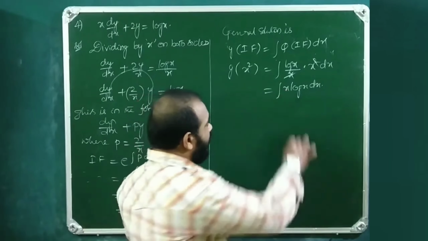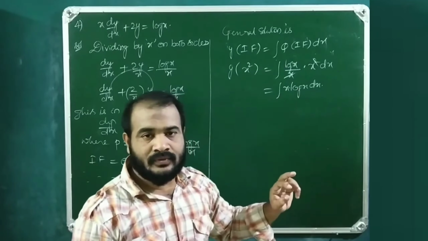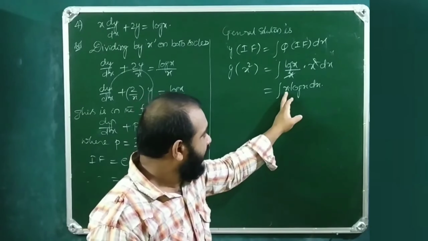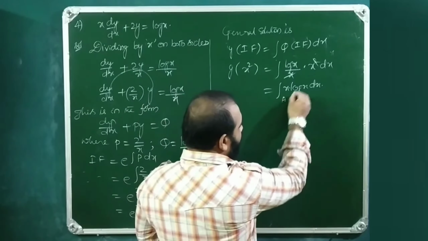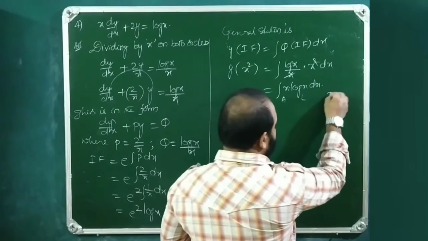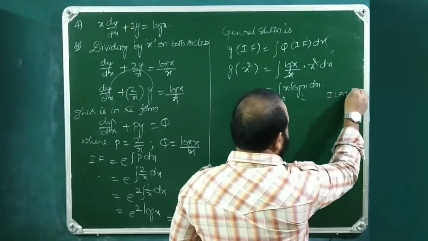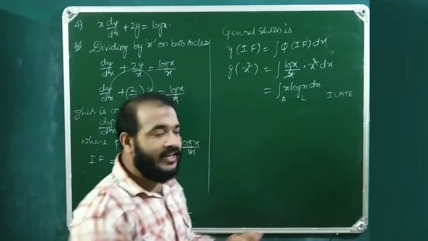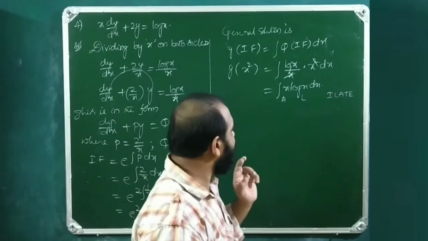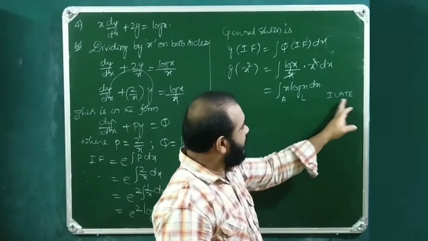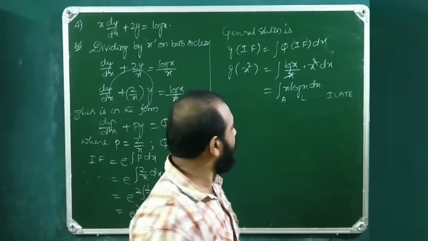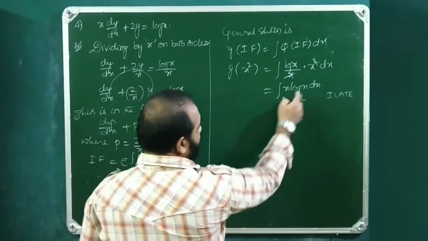This is the product of two functions. x is the algebraic function, log x is the logarithmic function. The first function can be chosen by the phrase ILATE. Here L comes first and then A, so the first function is log x.